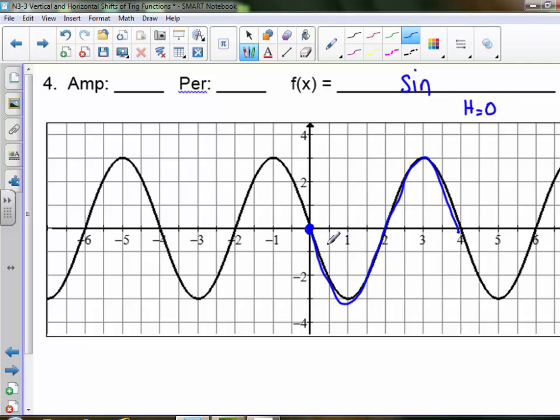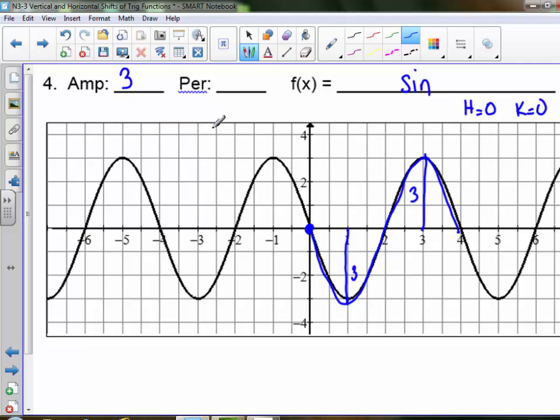Then what about K? Did I shift off of here? Let's see, 1, 2, 3. 1, 2, 3. Nope, I did not shift that way, so K is also equal to 0. Okay, and now that I've counted it out, my amplitude is 3.